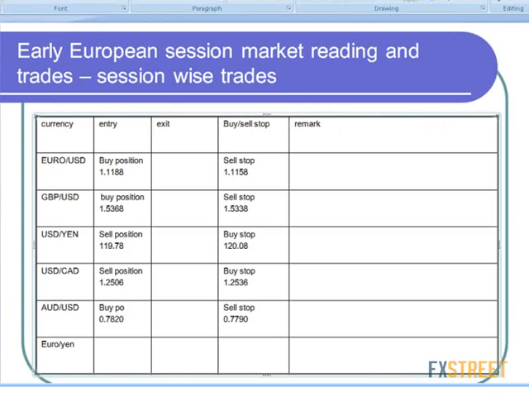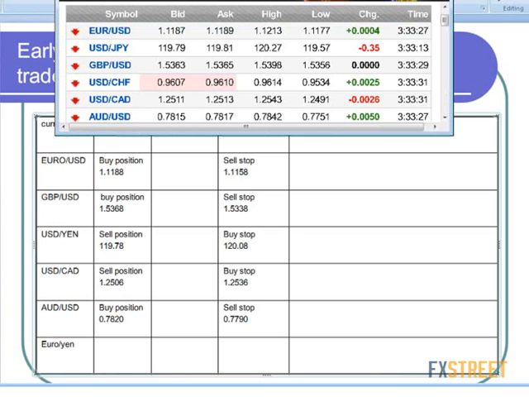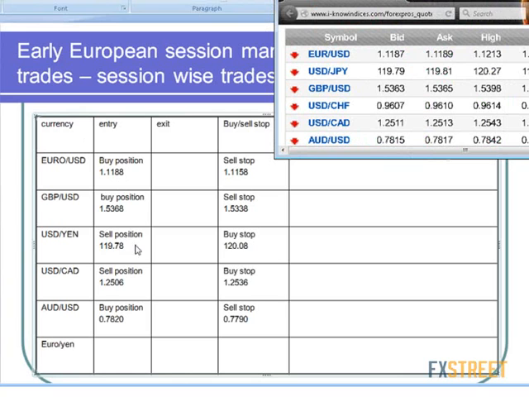Aussie is also filled. So after keeping the limit order, you wait for about 5-10 minutes. You find those orders are filled. That is called fine tuning of the entry.